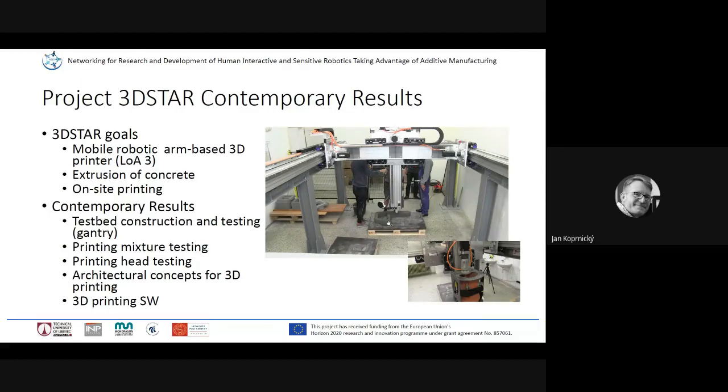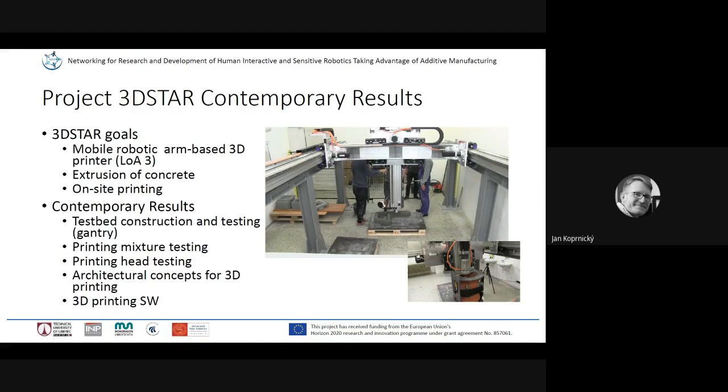It's placed in Prague in Klokner Institute, because Klokner Institute is responsible for material science, so development of a special mixture for 3D printing by 3D printers.